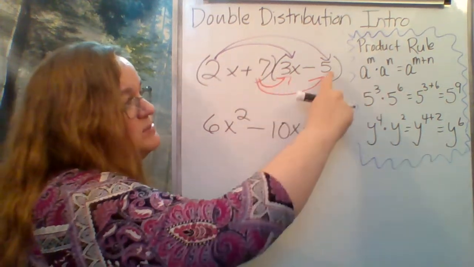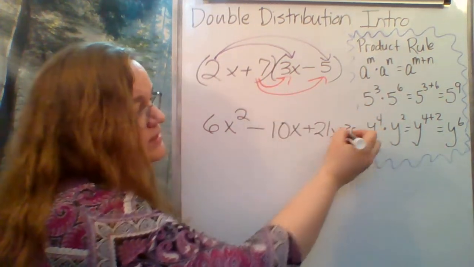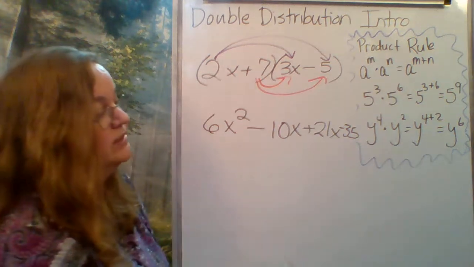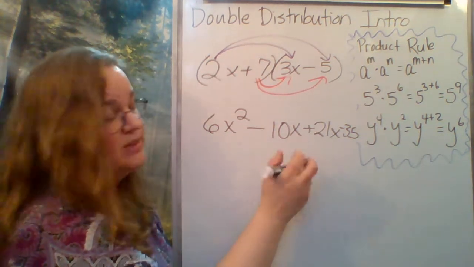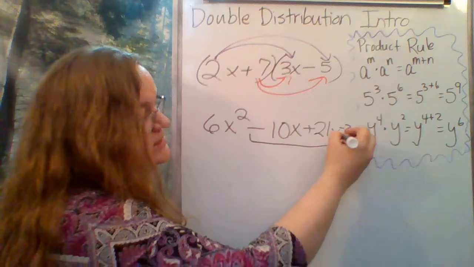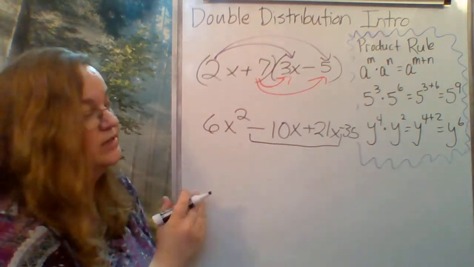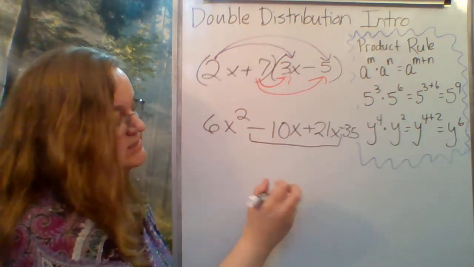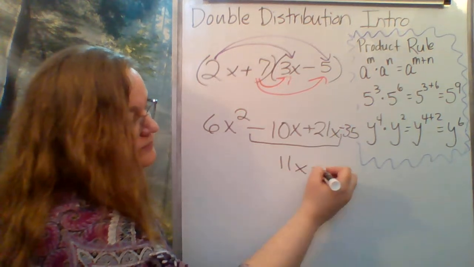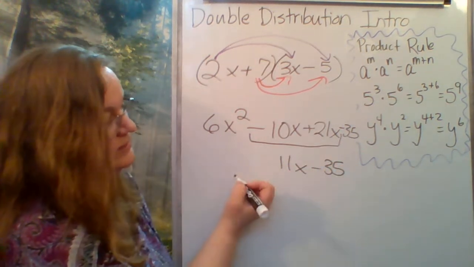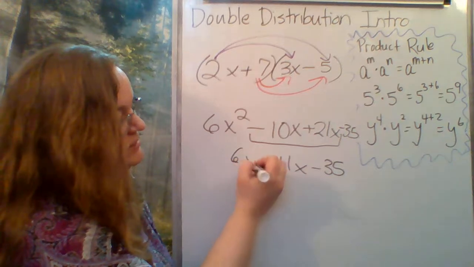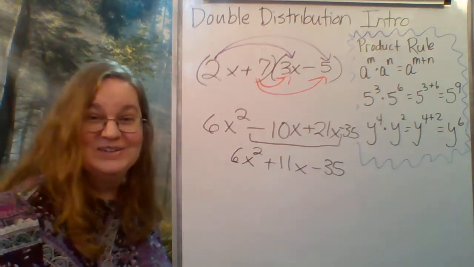And 7 times minus 5 is minus 35. Now I combine like terms. x squareds don't go with x's, but I can do minus 10x plus 21x, which 21 minus 10 is 11. And it's positive 11, so that's going to be a plus. And I've combined like terms.